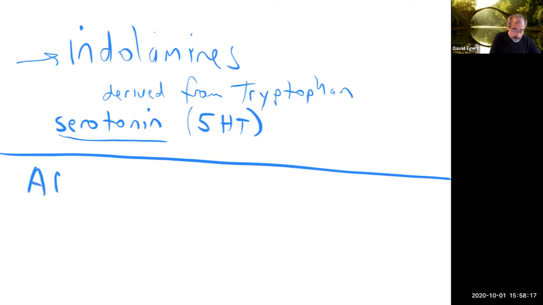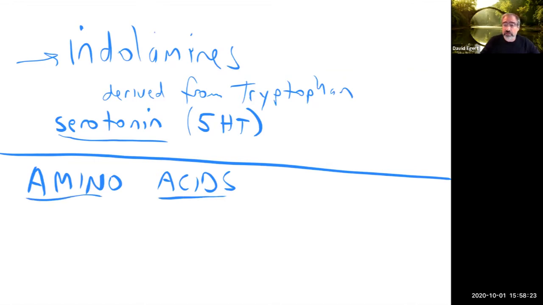There are also some neurotransmitters that are amino acids, not the main amino acids that we use to build all of our proteins, but they're amino acids. One that I've mentioned already is GABA, which is gamma-aminobutyric acid.